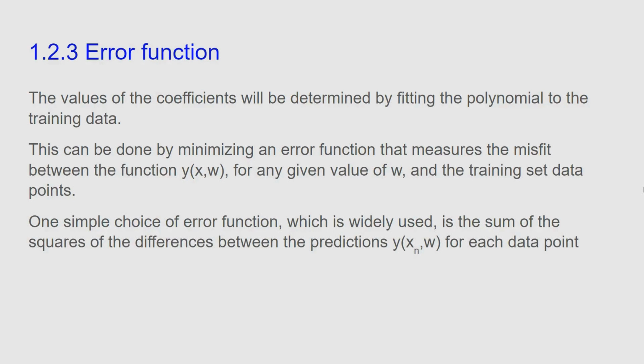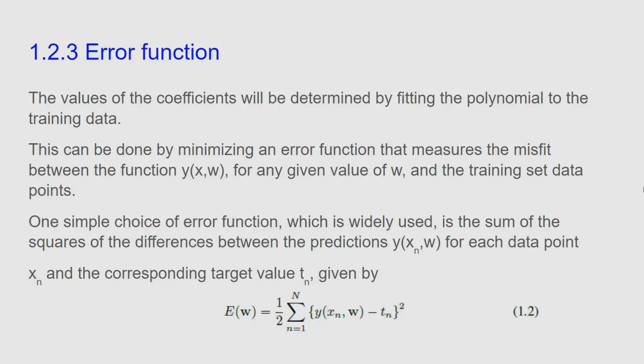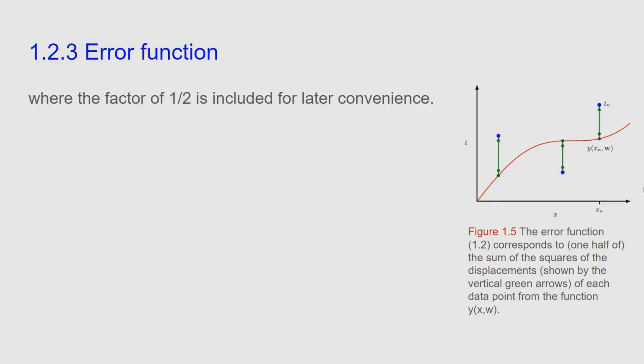One simple choice of error function, which is widely used, is the sum of the squares of the differences between the predictions y(x_n, w) for each data point x_n and the corresponding target value t_n, given by, where the factor of 1/2 is included for later convenience.